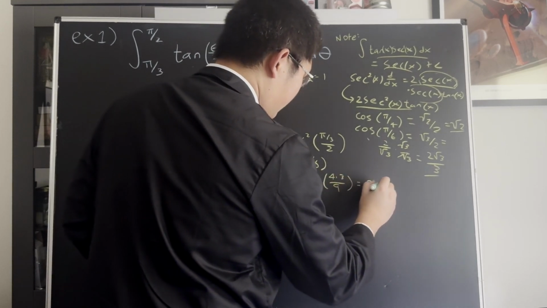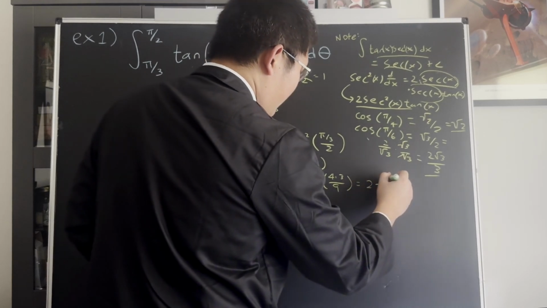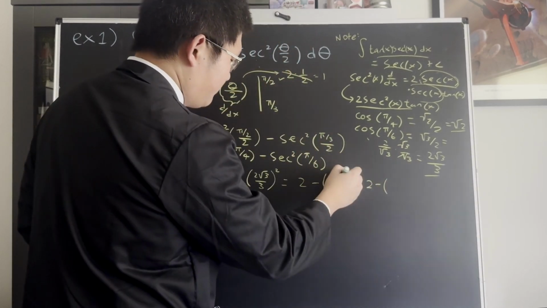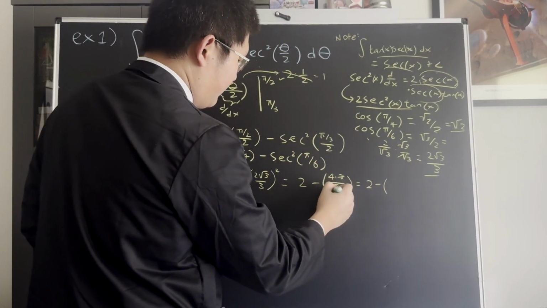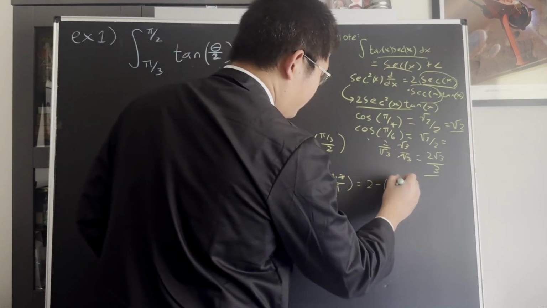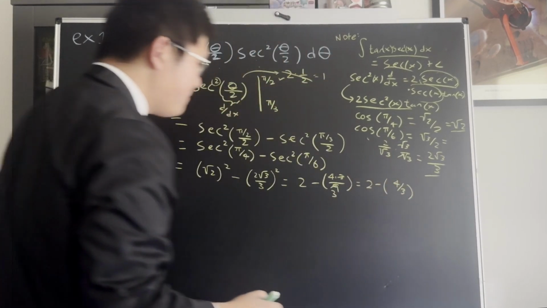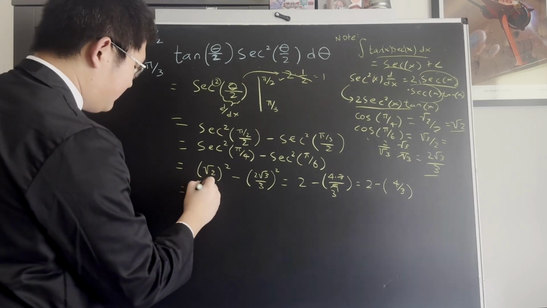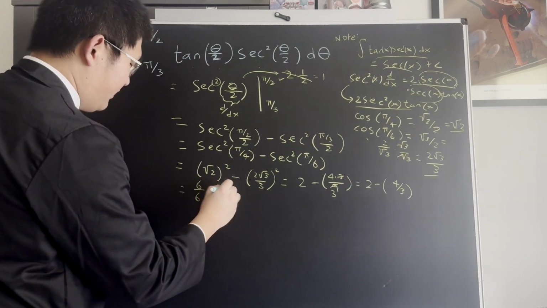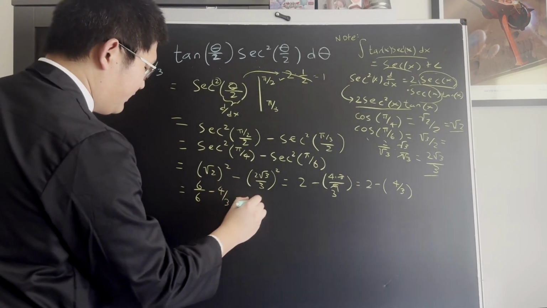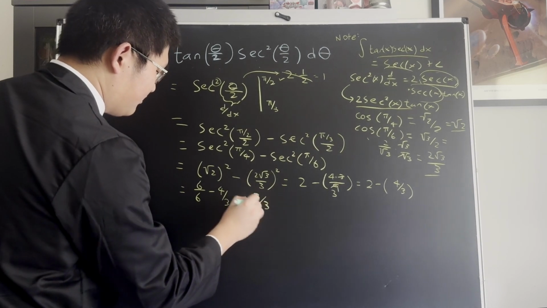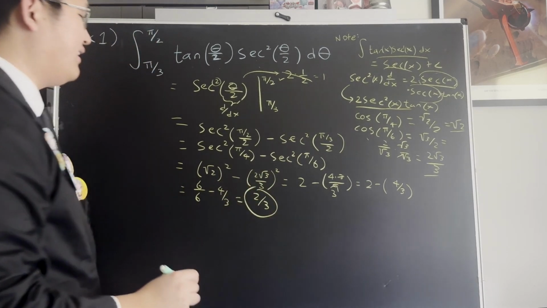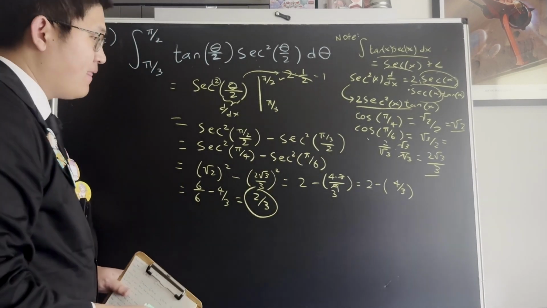Running through some very simple algebra here, this 3 can cancel with that 9, making the denominator 3, so it's 4/3. And as a last step, the 2 will simplify to 6 over 3 minus 4/3, which will then give us 2/3 as a result, finally, after all of this work.